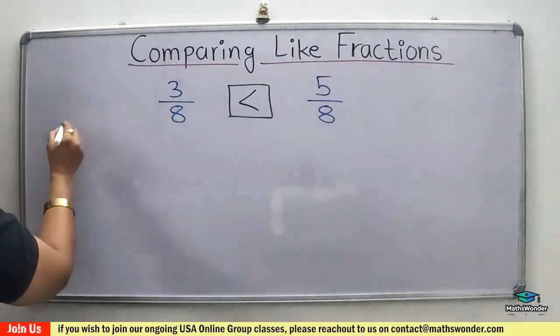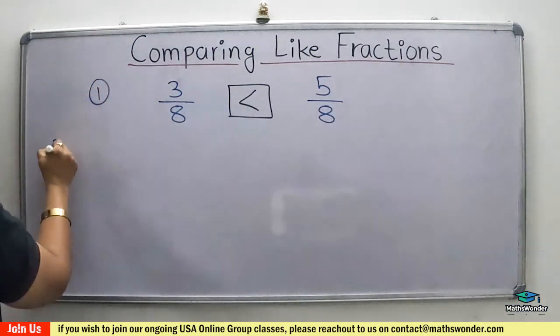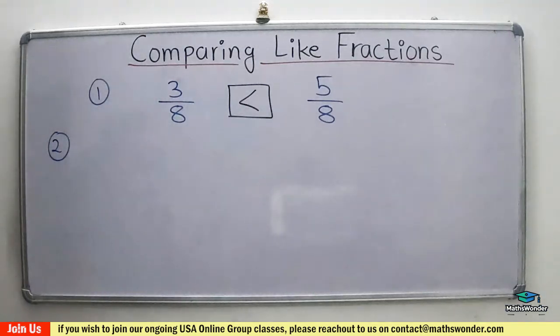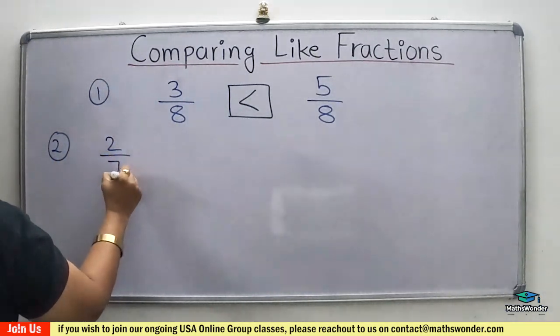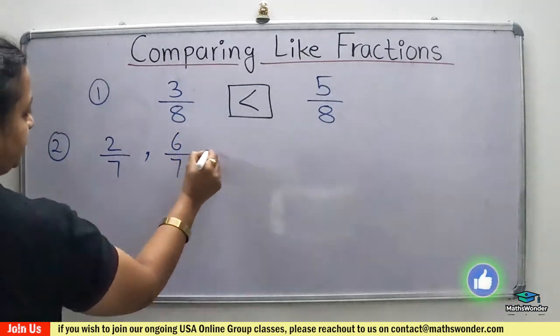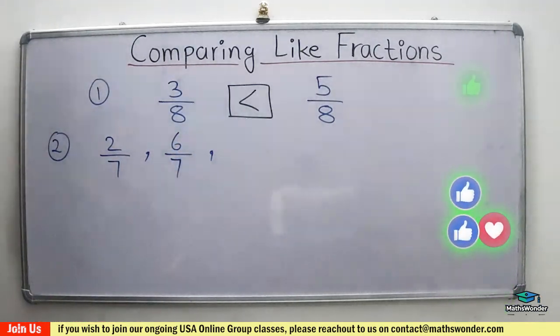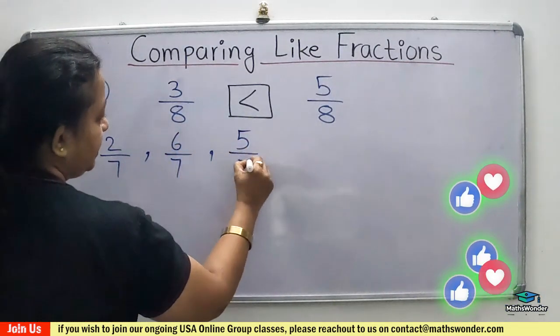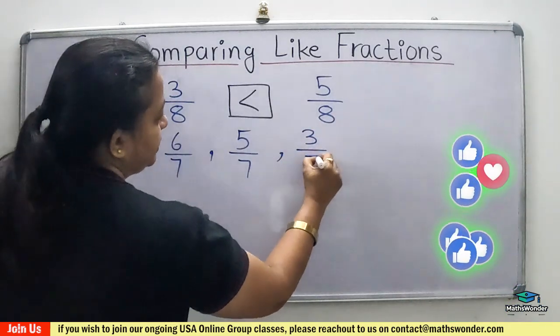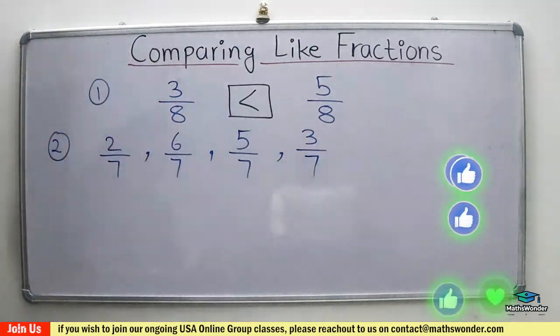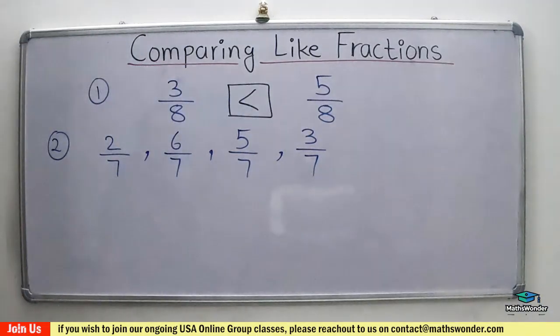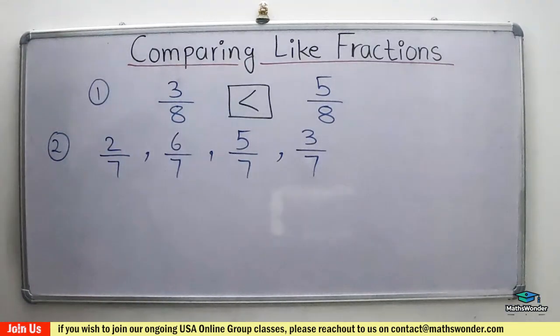This is example number 1. Example number 2, when we have more than two like fractions: 2 over 7, 6 over 7, 5 over 7 and 3 over 7. These are also like fractions. Now you have to find the greater fraction.